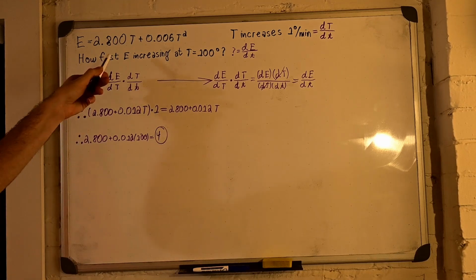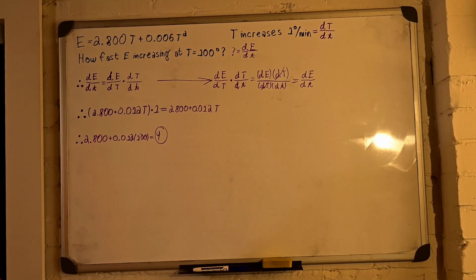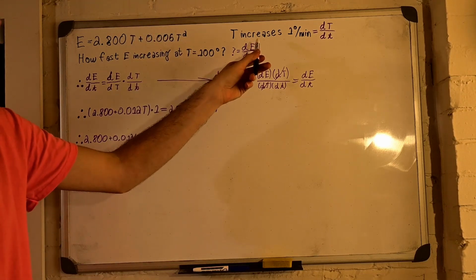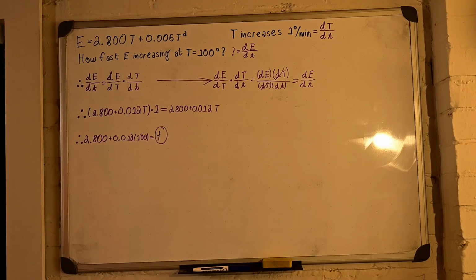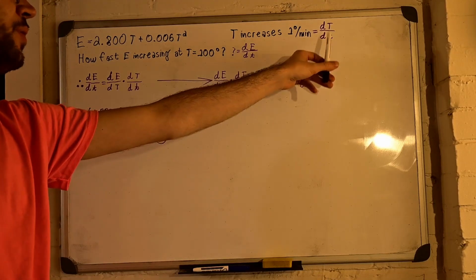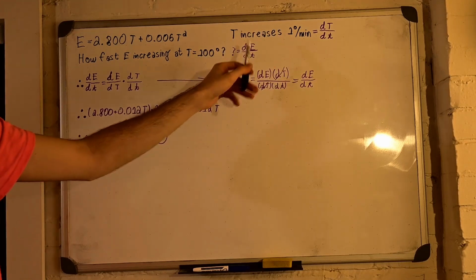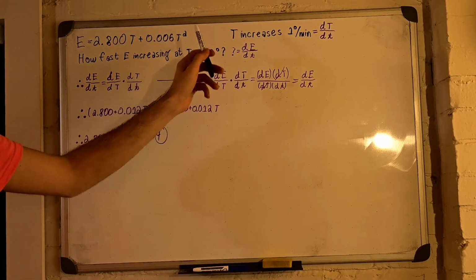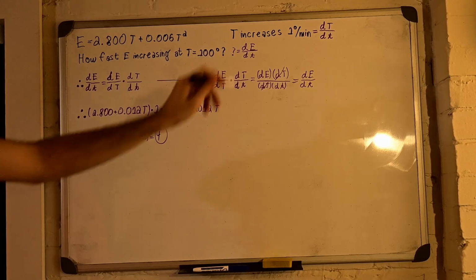And we're trying to find how fast E is increasing at temperature equals 100, which is the same thing as saying what is the derivative of E with respect to time. So we have dT over dt, the derivative of temperature with respect to time, and we have dE over dt, the derivative of voltage with respect to time. Or sorry, that's not what we have, that's what we're trying to look for.